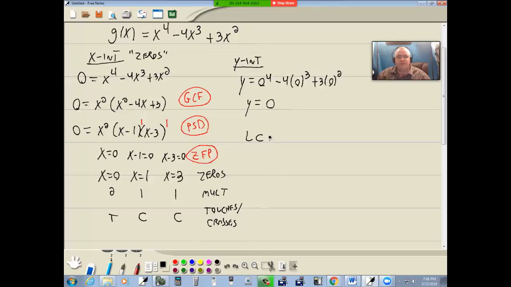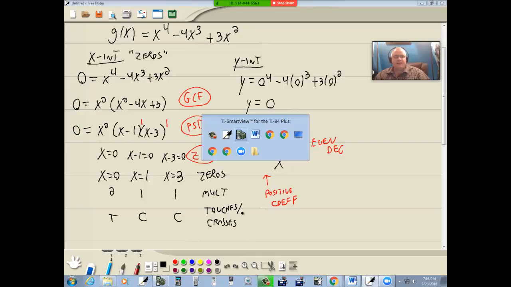Leading coefficient test. If we look at our first term, it is x to the 4th, which means we're going to have a positive coefficient and we're going to have an even degree. Okay, positive coefficient, even degree.